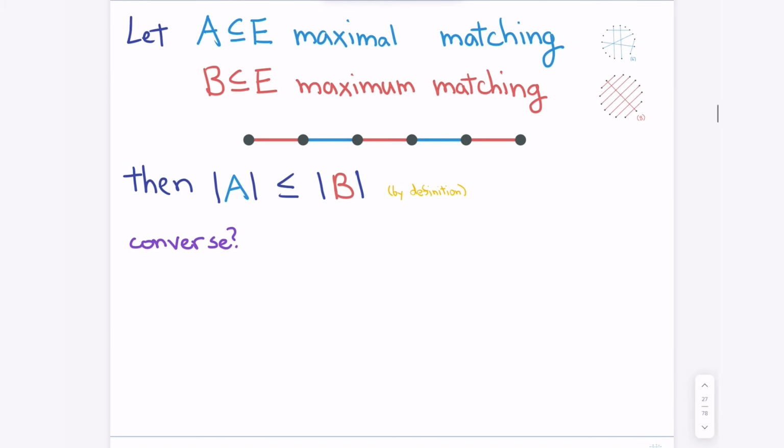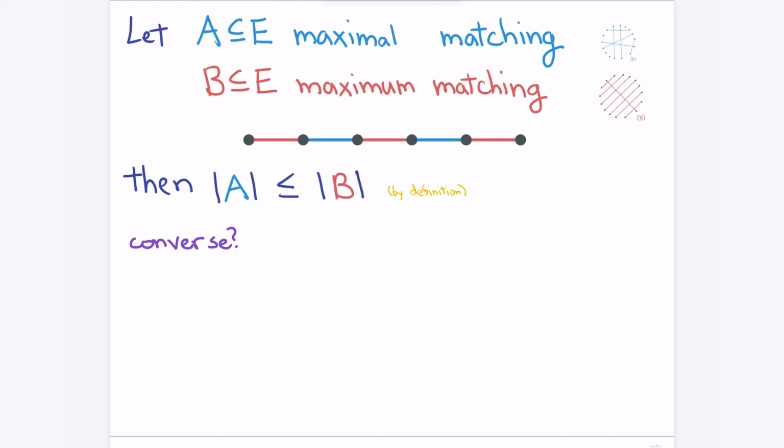Okay, so kind of similar in spirit to our spanning tree lecture, I want to just tease out this maximal versus maximum relationship. So if I have a maximal matching A and a maximum matching B, A is less than or equal to B always, just by definition, right? But you can ask, is there a converse? We know they're not necessarily equal, we just showed that.